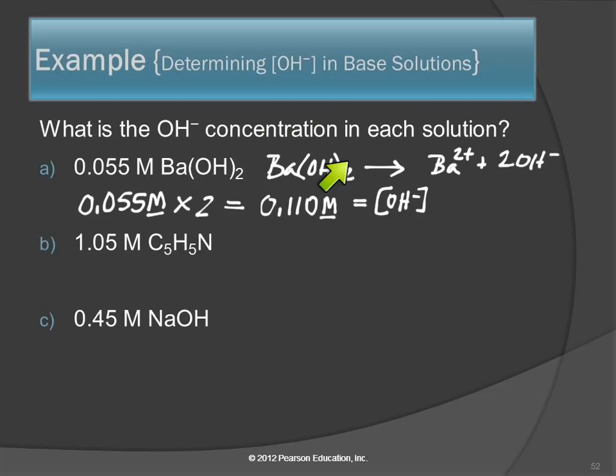Look at the formula. Think about what's going on here. There's barium and 2. Do you see the shrink wrap here and the 2 on the outside? There's 2 hydroxides on it, right? And so what happens when you take it apart? You have twice as many hydroxides as the unit that you started with.